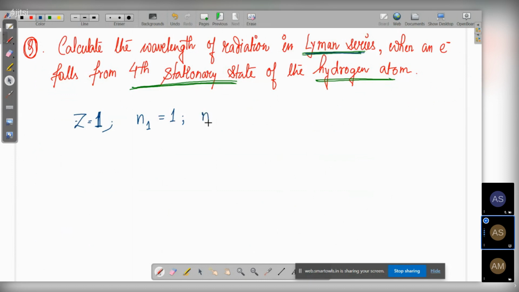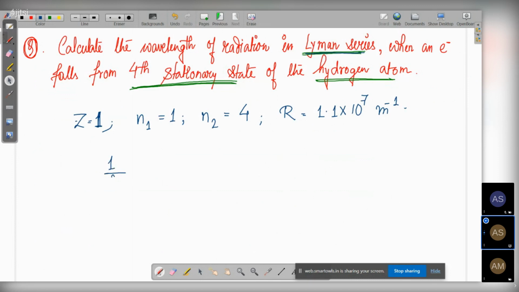Now what will be the value of n2? It says fourth stationary orbit. That means over here n2 is going to be 4. And what is the value of the Rydberg constant? This we are told only. This is 1.1 into 10 to the power of 7 per meter. Put in the values and you will get your answer.